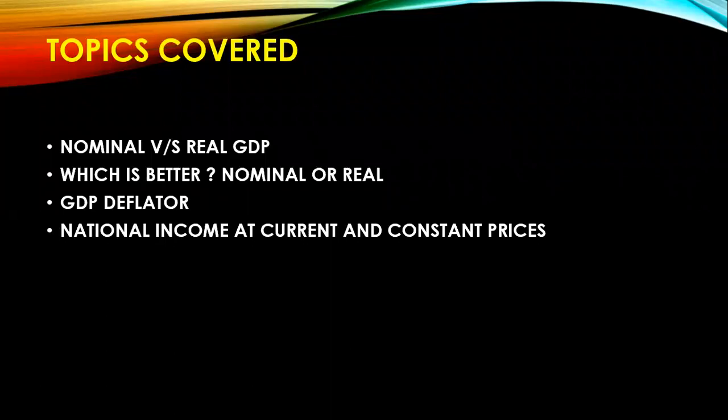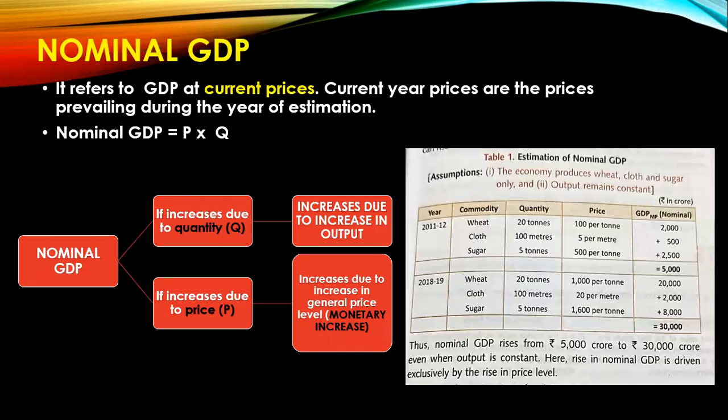But when I add the word nominal, it means I am measuring GDP at current year price level. Current year means any year for which I need to calculate GDP.